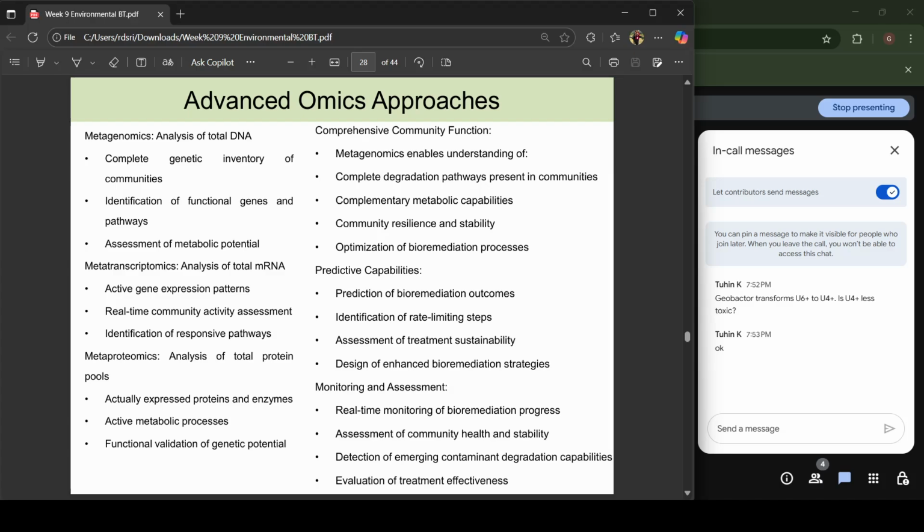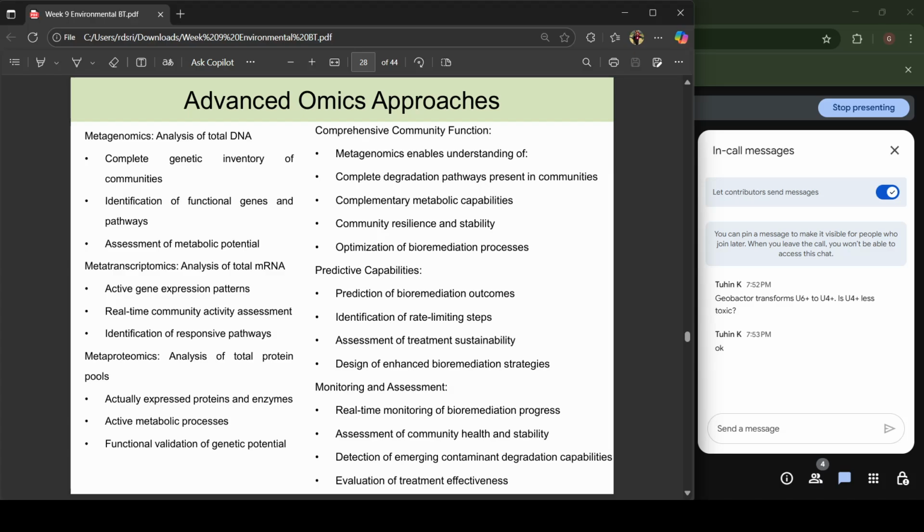Based on that, we will have the understanding of how the ecosystem works and how we have to design our bioremediation process. And finally, we can identify the responsive biological pathways. Like I told, we can't tell the pathway based on metagenomics, because metagenomics essentially does not allow us to tell which gene is expressed.